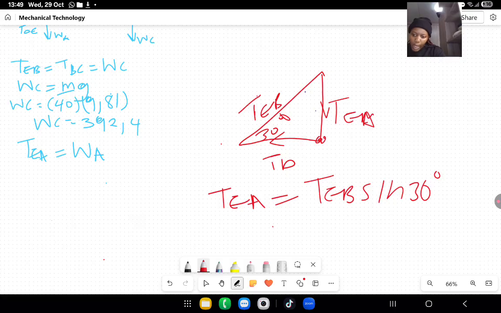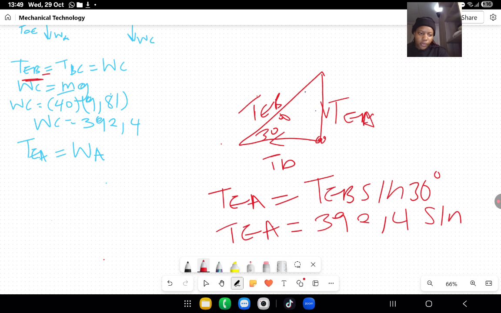So tension EA equals, since we got EB here, which will be 392.4 times the sine of 30 degrees.